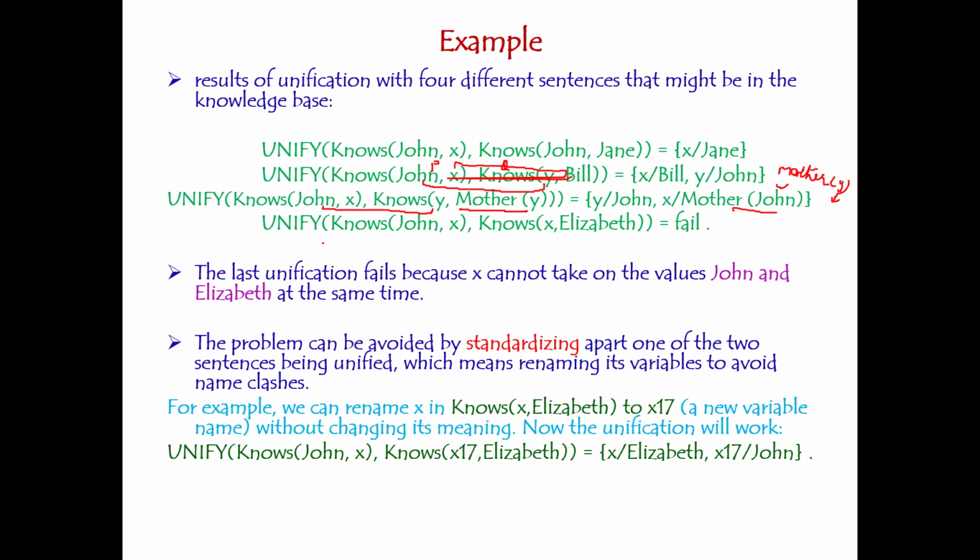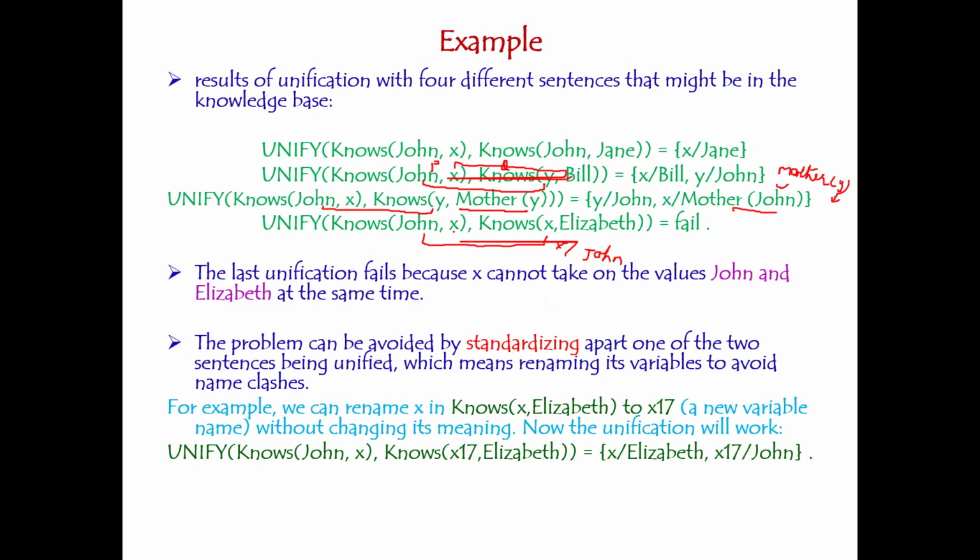Next, suppose you have a statement in the knowledge base like this. For example, I found Knows(John, X) and Knows(X, Elizabeth) in the knowledge base. So in this case, can I take a substitution? Let's see. Here for X I have John. So I can replace X with John. Okay.